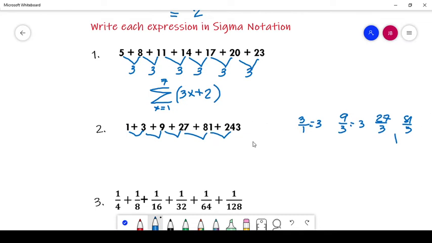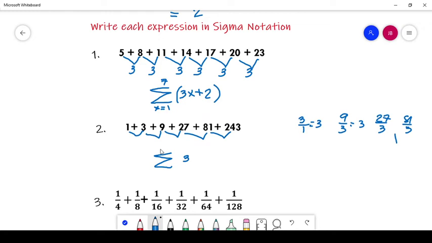Now, if we have a common ratio for that geometric series, to rewrite that in sigma notation, write a sigma notation and then put the 3. So we have 3 now, the common ratio. And since the common ratio is 3, and if you observe this, it is increasing exponentially, this series that we have.